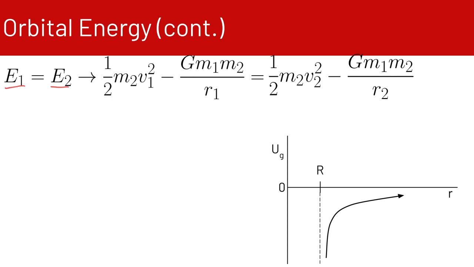So we have 1/2 m2 times v1 squared, the velocity of the orbit before, minus the gravitational energy, is equal to 1/2 m2 v2 squared minus the gravitational energy at the new radius. So we have radius 1 and radius 2, and these give us different velocities, but the energy is the same in both situations.